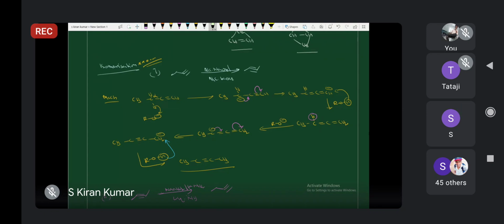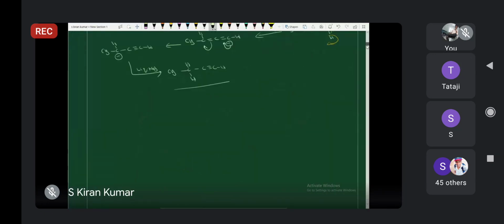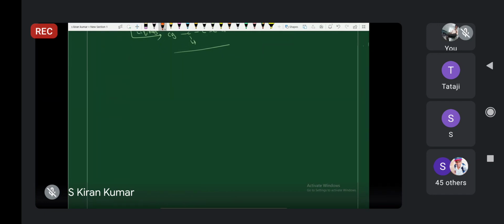Next one: acidic hydrogen properties of 1-alkynes, sir.